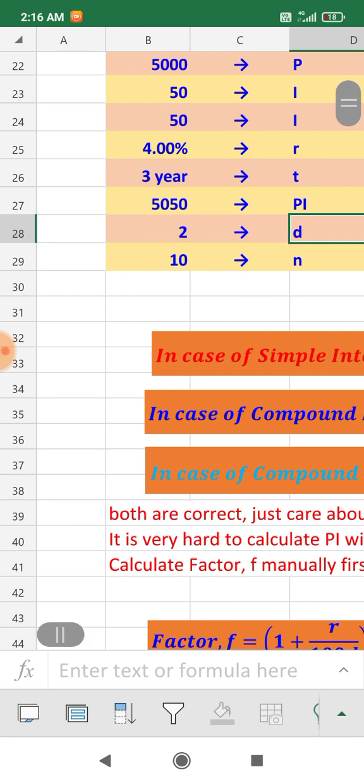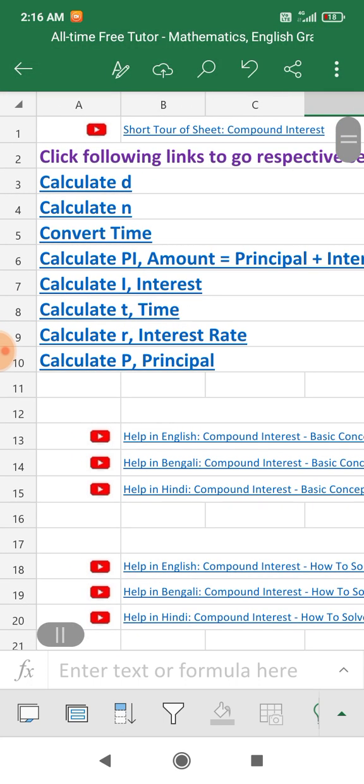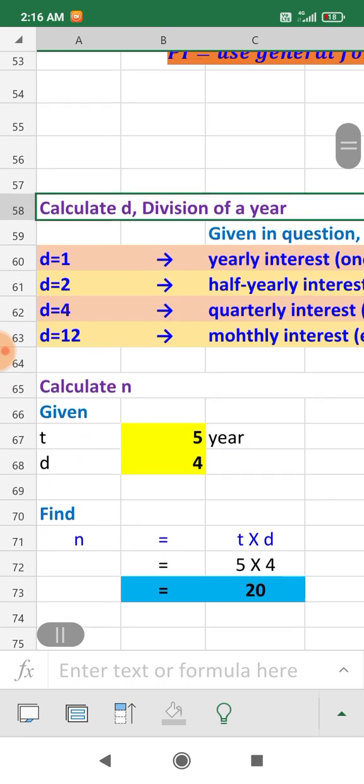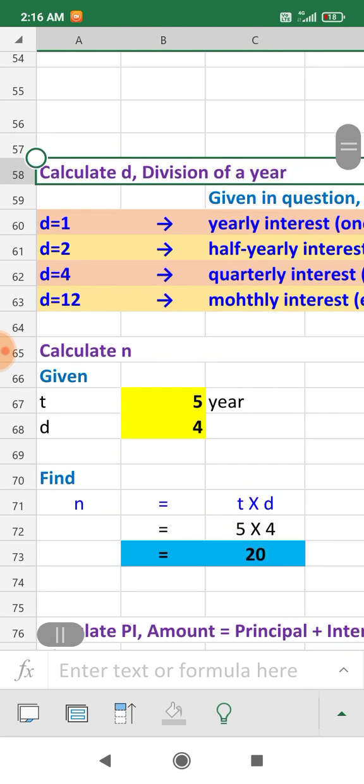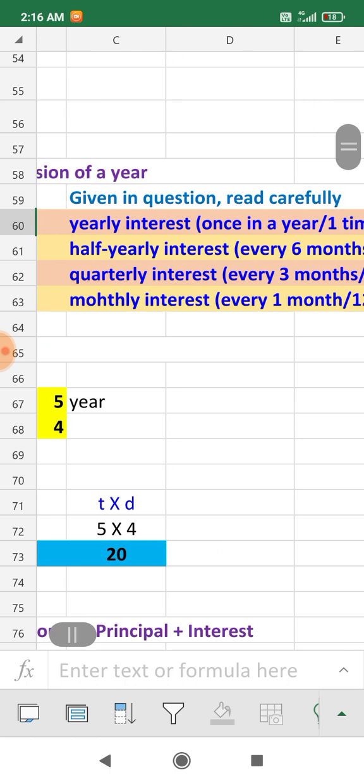Okay, just coming to the D. Click here and come here. Okay, D will be 1. D is equal to 1 if it is a yearly interest.